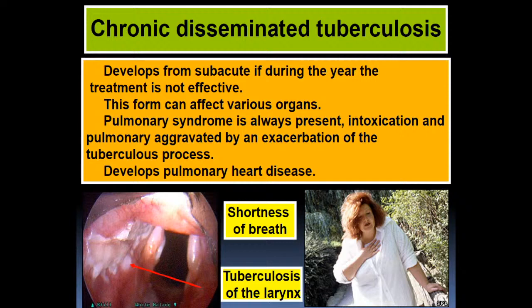That's why the duration of this form of TB is chronic. Periods of remission can change to periods of manifestation, exacerbation. And during this form of TB, pulmonary heart disease can develop.